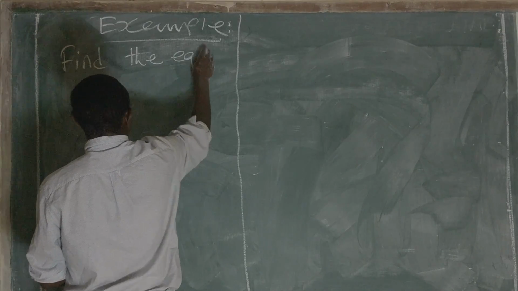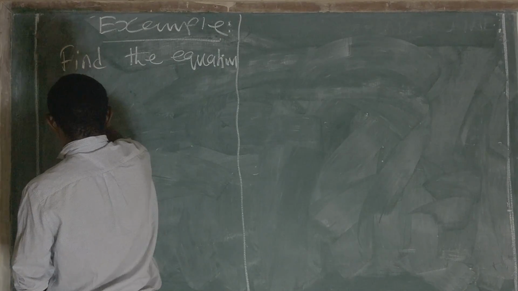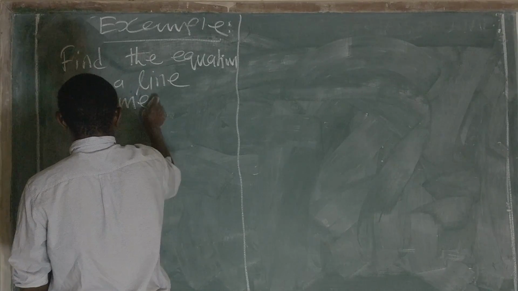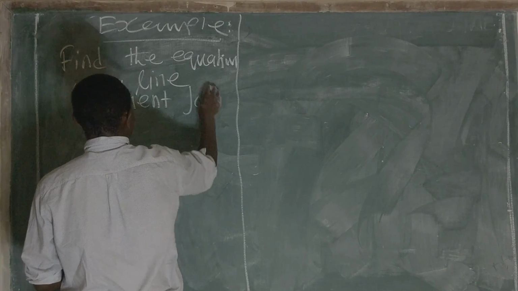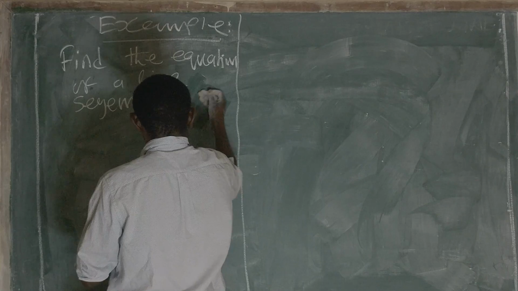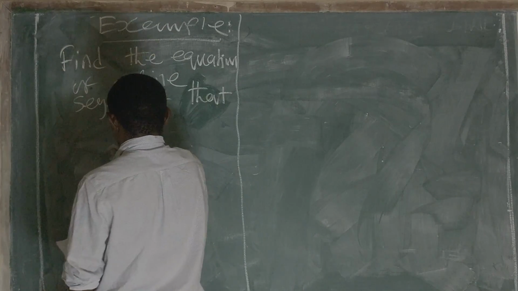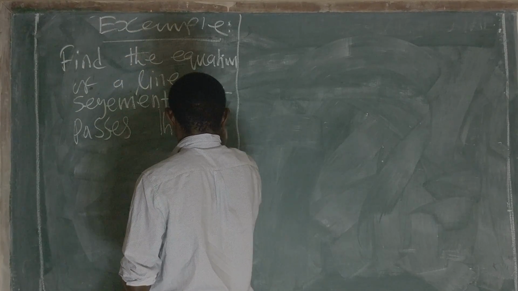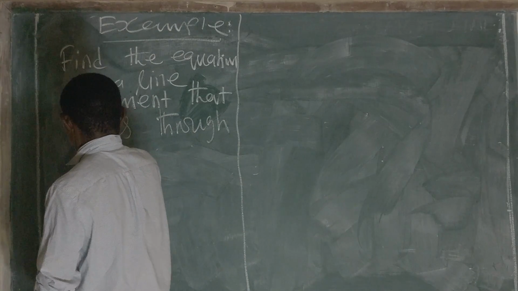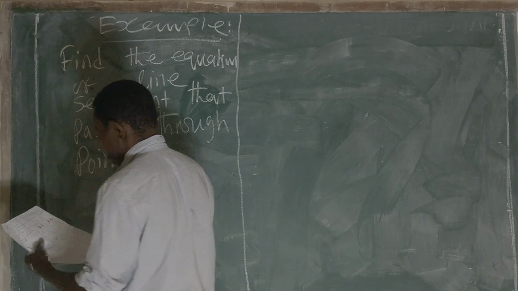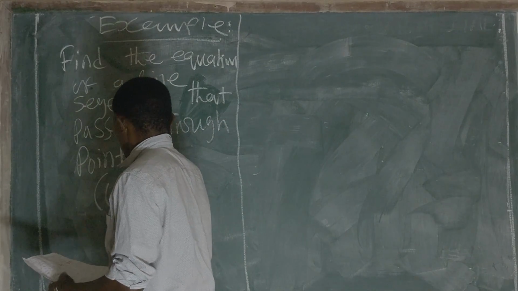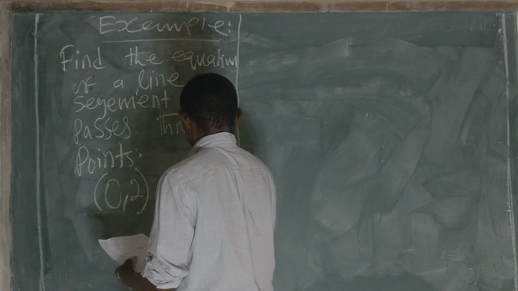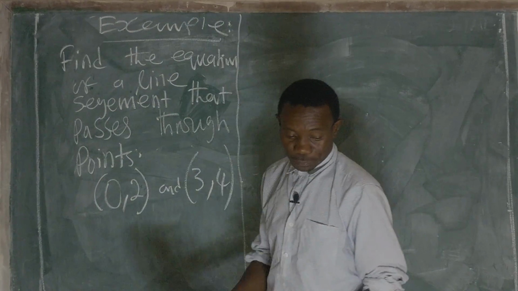Find the equation of a line segment joining, or that passes through, the following points: (0, 2) and (3, 4).